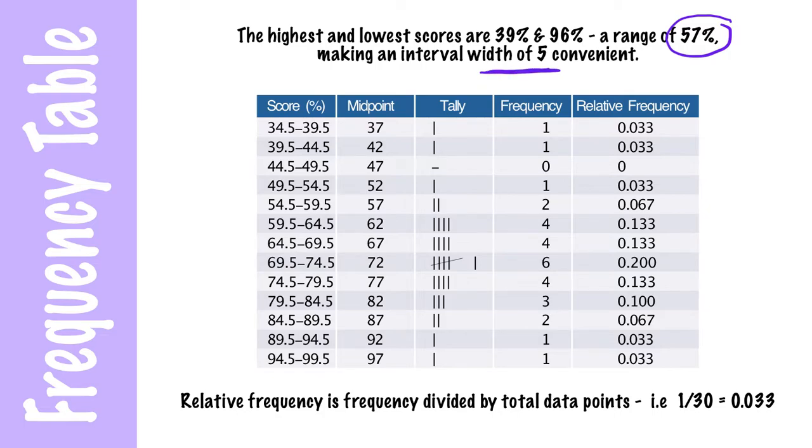So we're going to start down here at 34.5 and keep going until we've gotten all the way up to a bin that includes the highest value of 96%. Now we have our tallies and our frequencies, and the relative frequency is frequency divided by total data points. And there it is for each one.